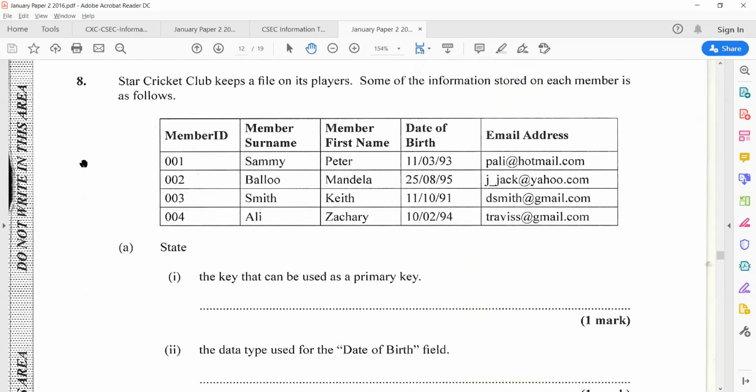Star Cricket Club keeps a file on its players. Some of the information stored on each member is as follows. So they have a table there with data on the members, right? Now, based on this table, state the key that can be used as a primary key.